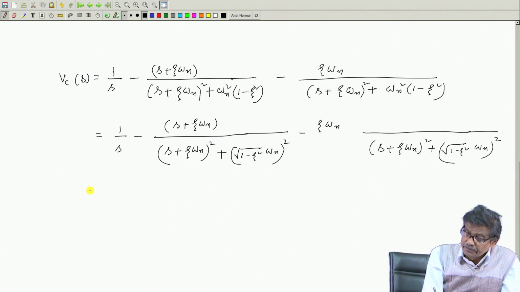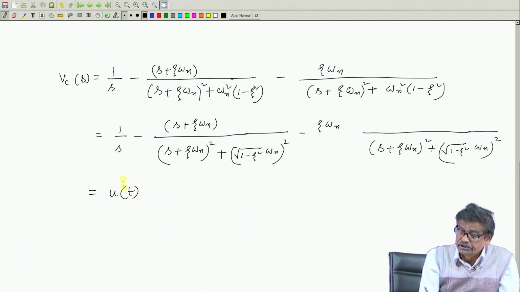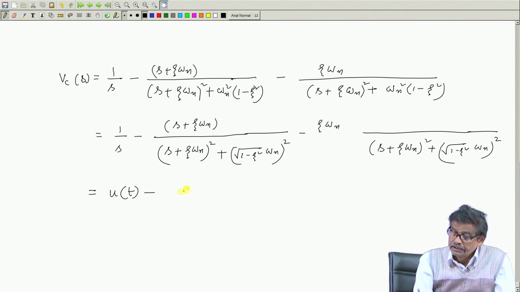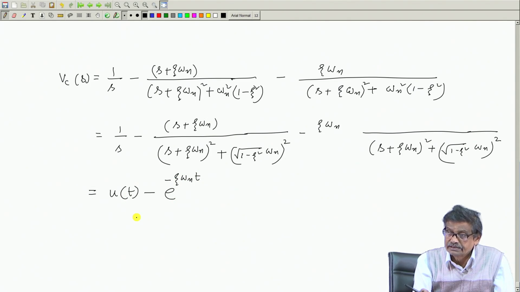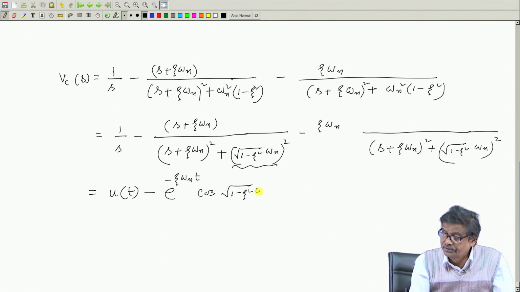So far as this term is concerned, the Laplace inverse is u(t) straight away, and this term is already fixed now. It will be e to the power minus zeta omega n t times cos, because s is also on the top, cos of root over 1 minus zeta square into omega n into t.